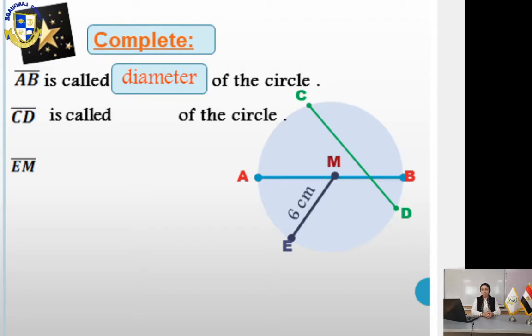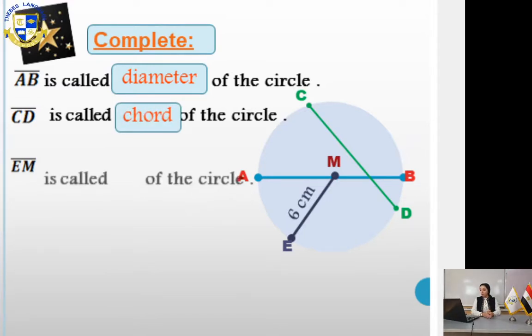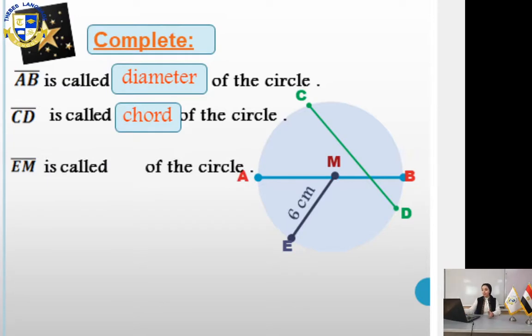It doesn't pass through the center of the circle, so it is a chord. The next one, EM is called what of the circle? EM is a line segment from the center of the circle to a point on the circle, so it is the radius.